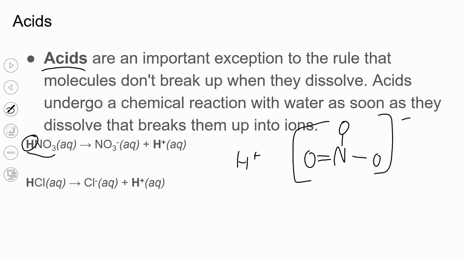So again, this part of the acid is not going to break apart. This is a covalent bond, but we're going to have this part over here and something like this floating around. And I need one hydrogen for every nitrate.